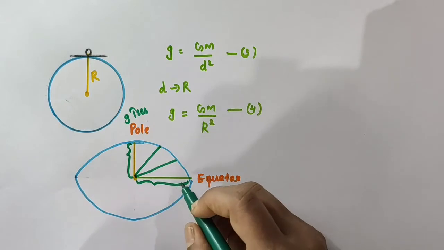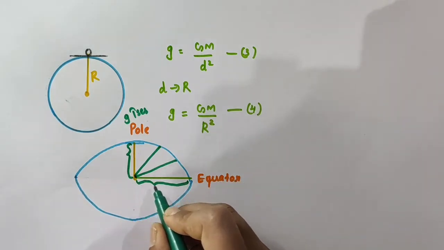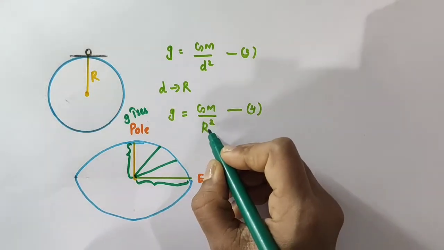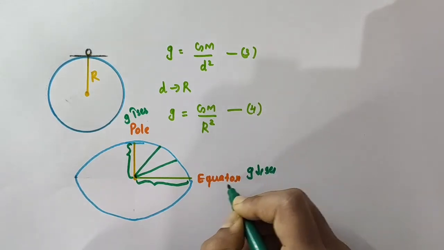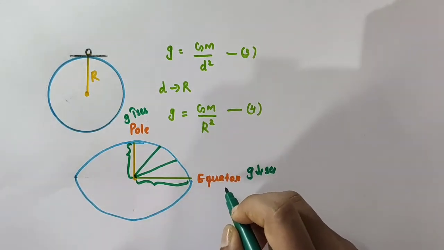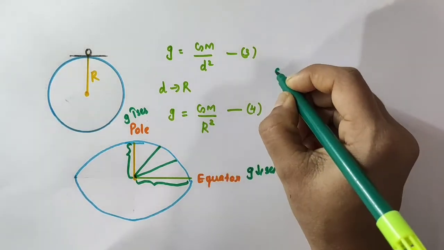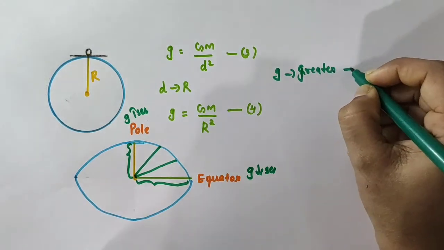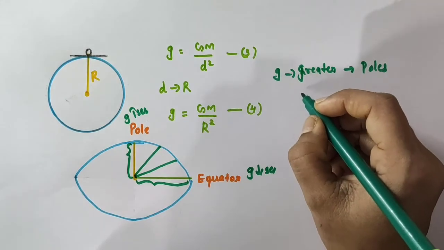Now if we take the radius of the earth from the center of the earth to the equator regions, this distance is more. So, the denominator increases, and the total value g decreases. So, g value will be less near the equator regions.